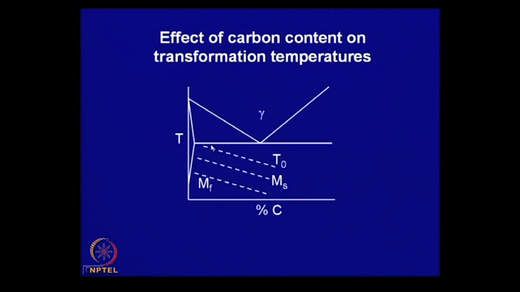That means the MS and MF temperatures should also be a function of carbon content or composition of the steel. The higher the carbon content, the lower is the MS, the lower is the martensitic MF temperature, the completion or finish temperature, and the lower is T0, that is, the equilibrium temperature.